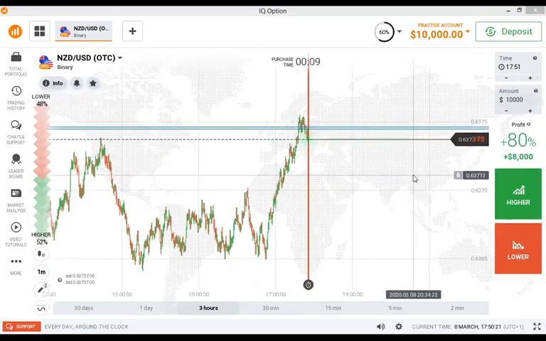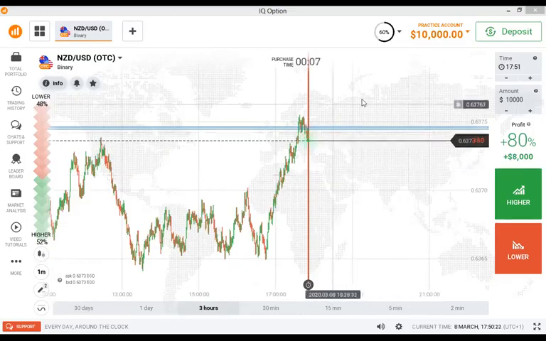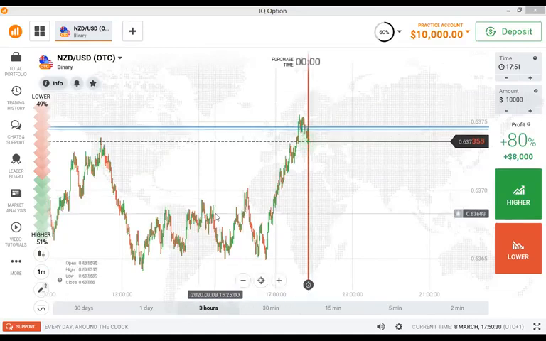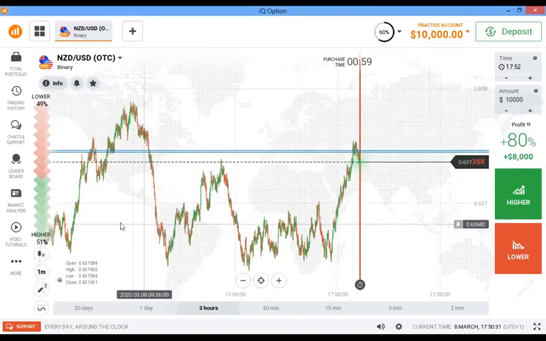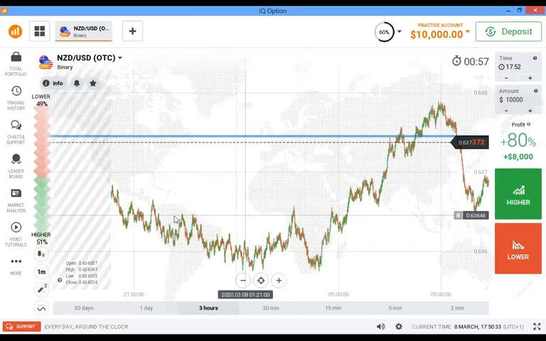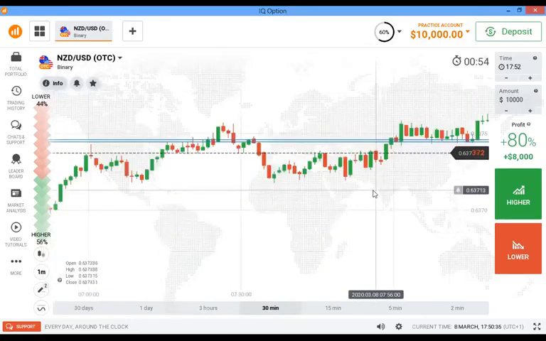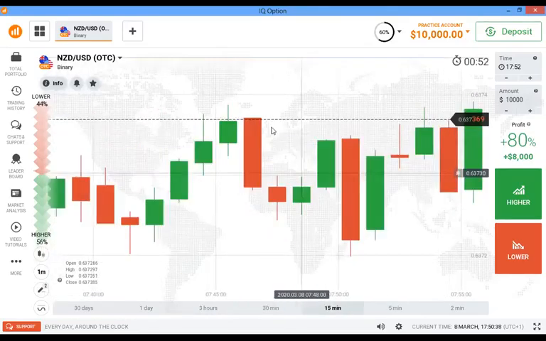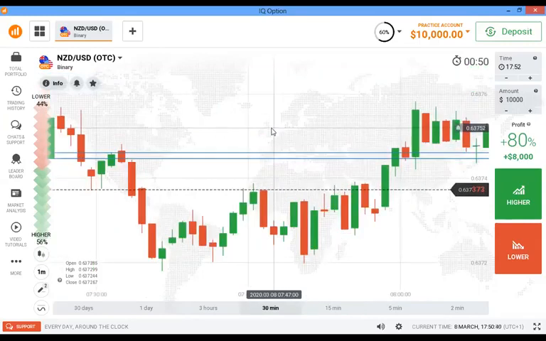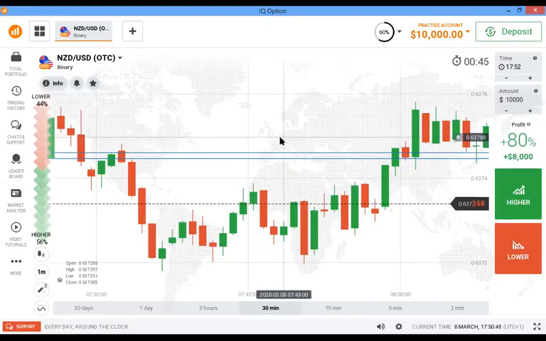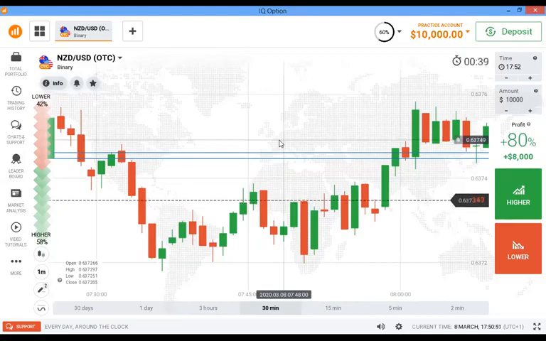Okay, I'll show you, and I'll tell you the reason why the buyers area and sellers area is very important. Let me first explain this level again, because the OTC market mostly respects levels.